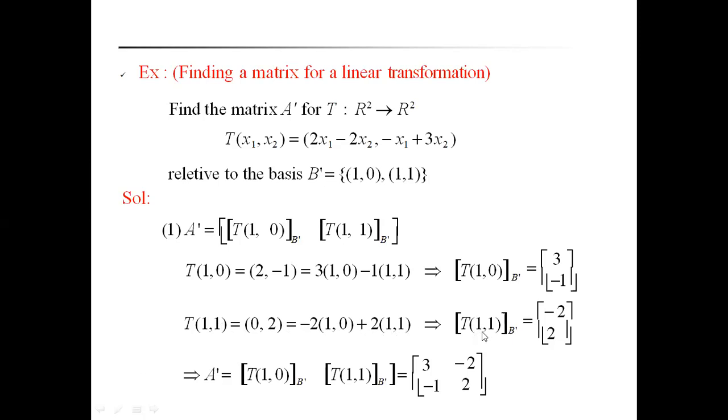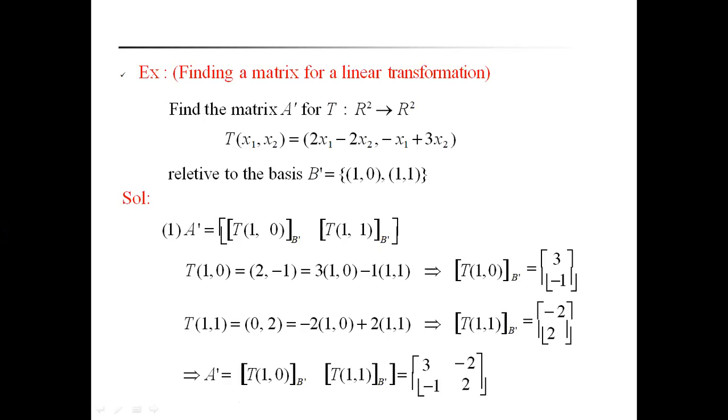See here, the coordinate matrix of T of (1, 1) relative to the basis B dash is equal to the coefficients of this linear combination, (minus 2, 2), represented as a column matrix. Therefore, A dash is equal to these two columns written in matrix form, 3 minus 1 and minus 2 2. This is the matrix of the linear transformation T with respect to the basis B dash.